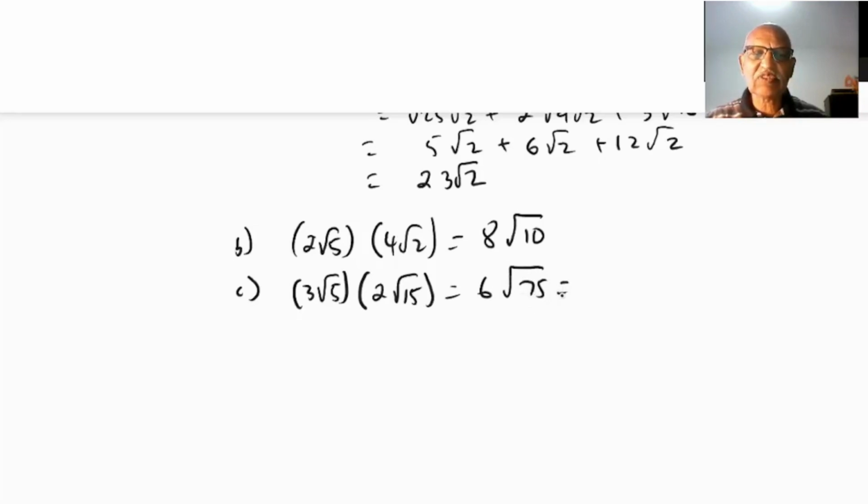In this case, square root of 75 can be simplified. So 75 is 25 times 3. Square root of 25 times square root of 3. 6, square root of 25 is 5, square root of 3, which is 6 times 5 is 30 times square root of 3.